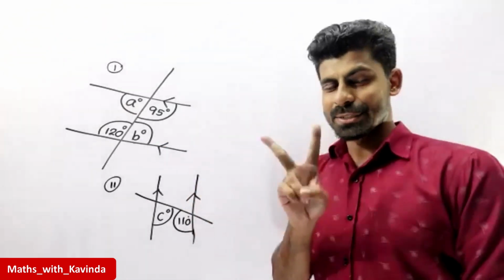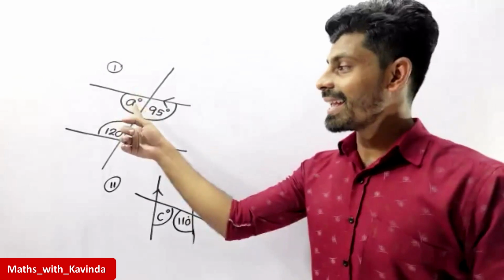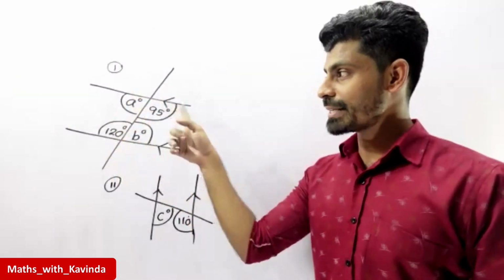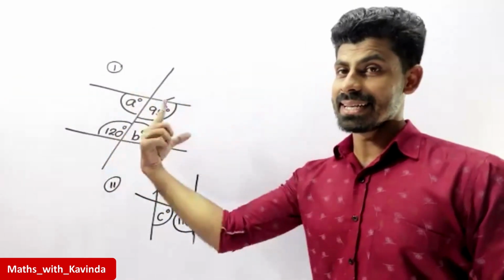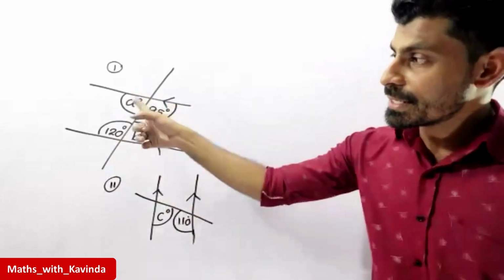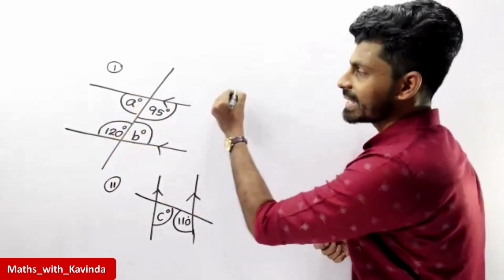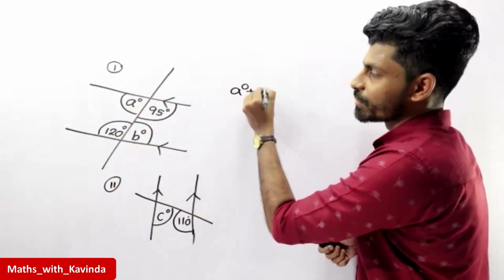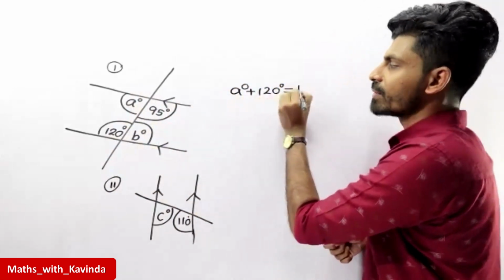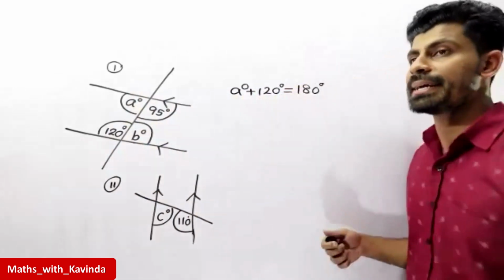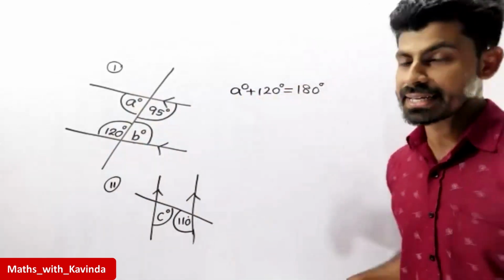Taking two very easy questions. A and 120: just look at the letter C, allied angles. You can see A plus 120 equals 180. What is the reason? Allied angles.